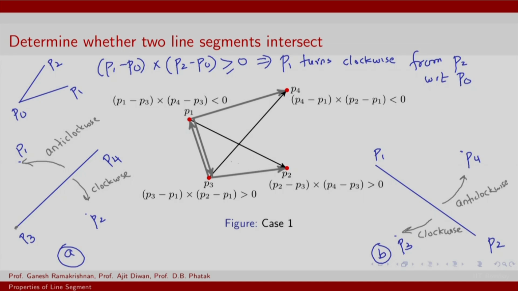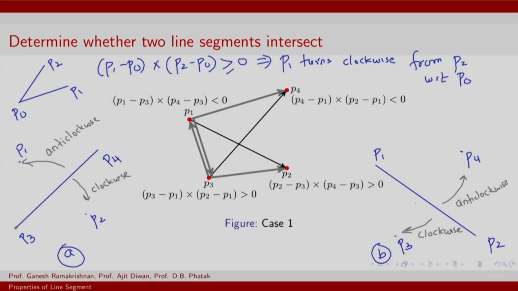We expect these line segments to intersect if P1 minus P3 cross product with P4 minus P3 is negative, which means P1 turns counterclockwise from P4 with respect to P3, and on the other hand P2 turns clockwise from P4 with respect to P3. This is indeed the case here.